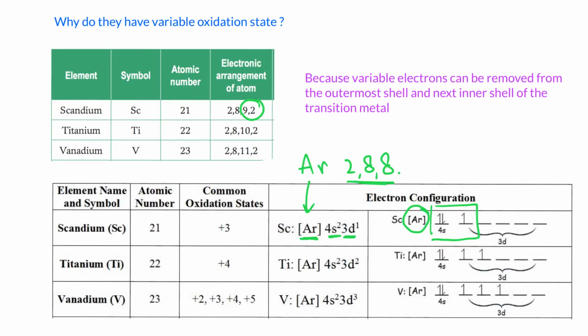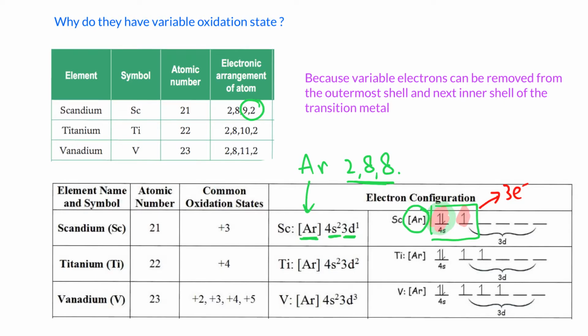So when they form ions, where are the electrons coming from? The electrons are coming from the outermost shell. This is the outermost shell, and then they have the next inner shell. So in total, you can see that they can remove up to 3 electrons in this case.